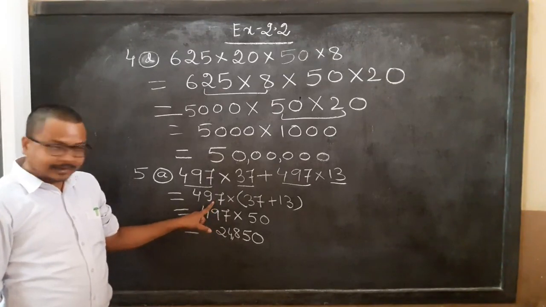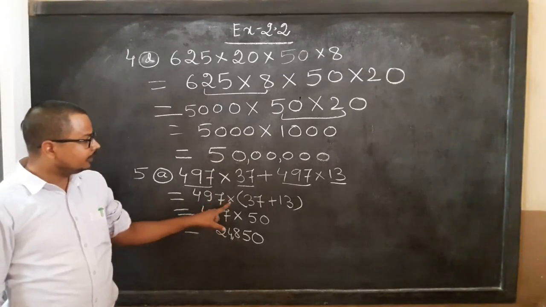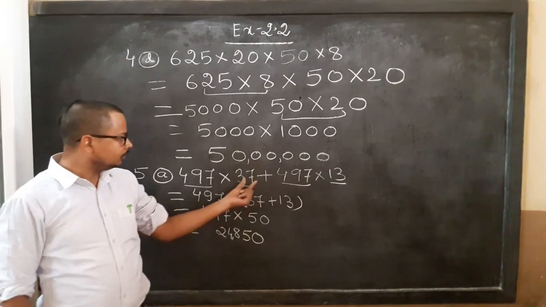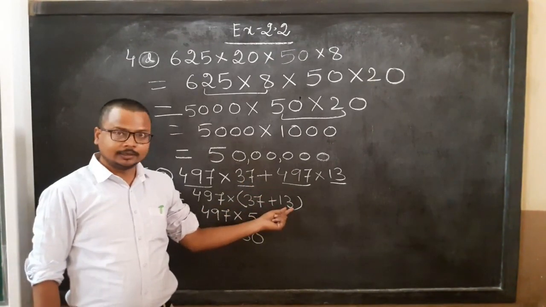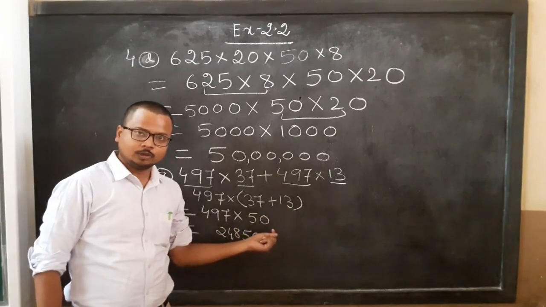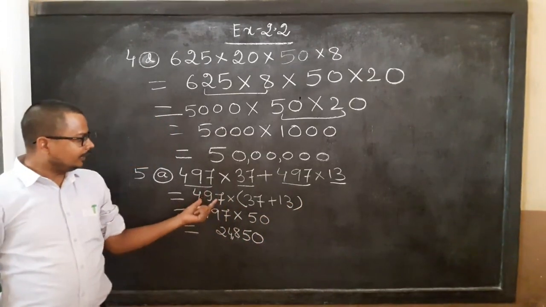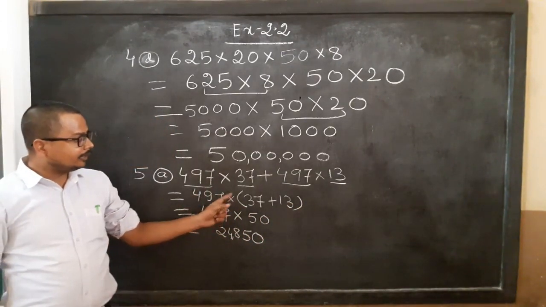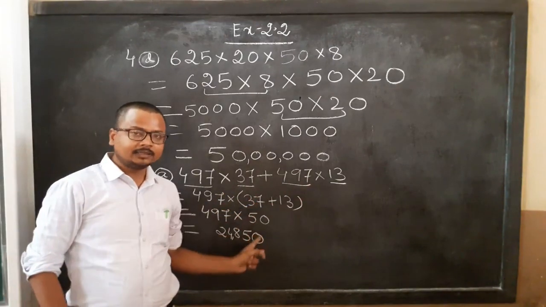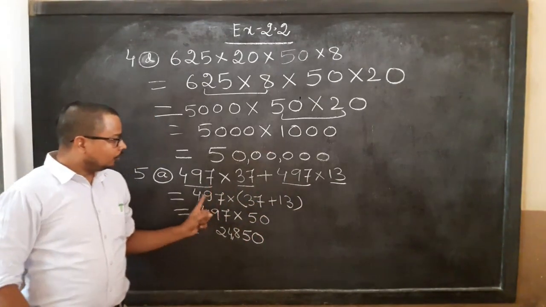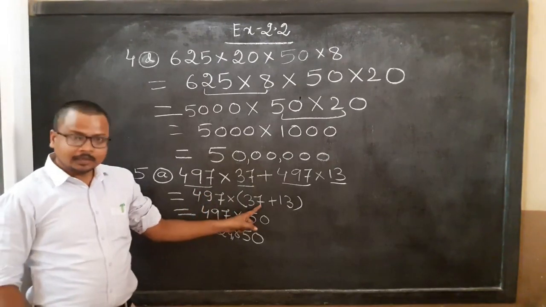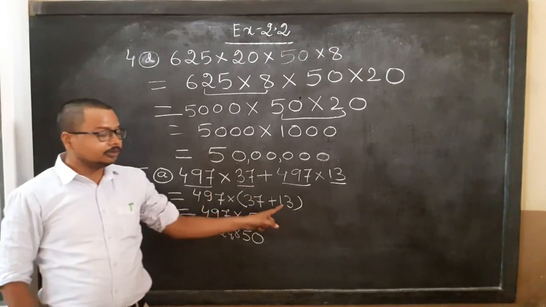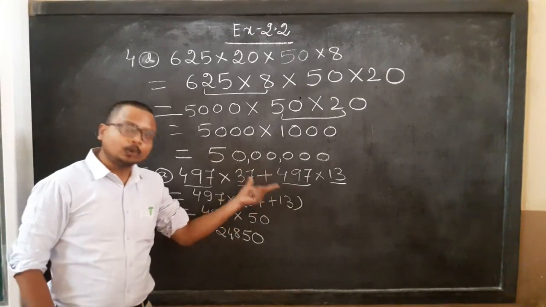Okay, so we can write it like this: 497 into bracket open 37, then addition sign, and then 13 bracket close. Okay, why we have taken 497 and why we have written 37 plus 13 inside the bracket? So that we can multiply 497 with 37 as well as 497 with 13 as it is given in the question.